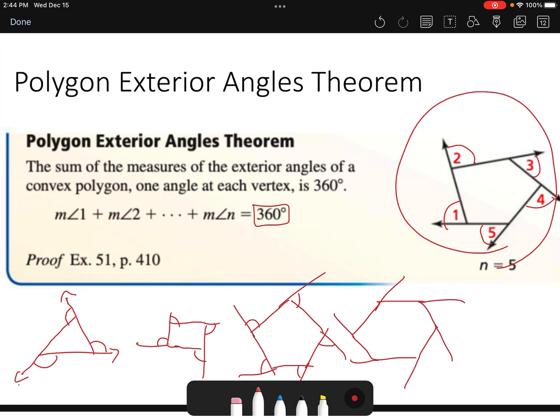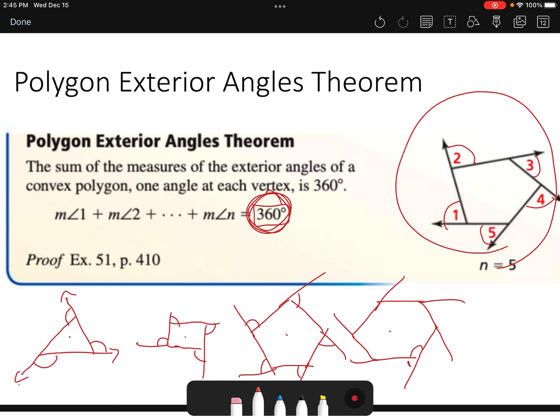Now what I'm hoping you see is something happening to the interior angles and then something happening to the exterior angles, because that will explain this a little bit. Can you see that the interior angles start small but then get big as you move through the polygons, I mean?